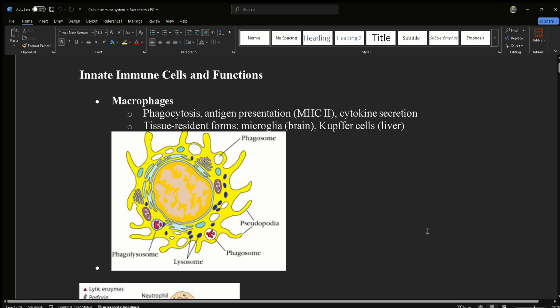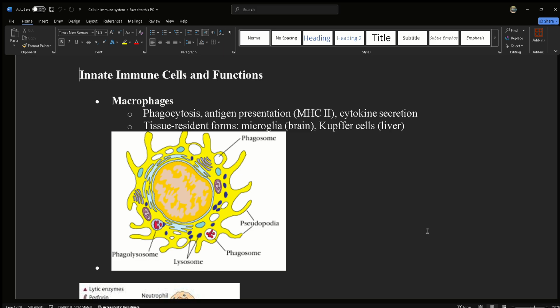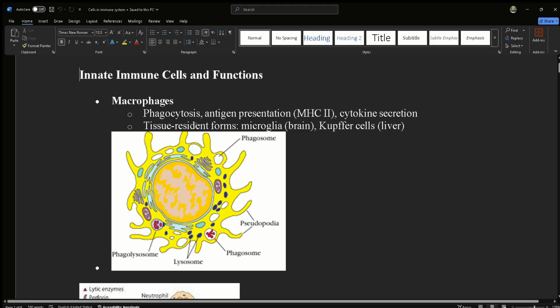So first are the macrophages, and macrophages do phagocytosis, antigen presentation, and cytokine secretion.